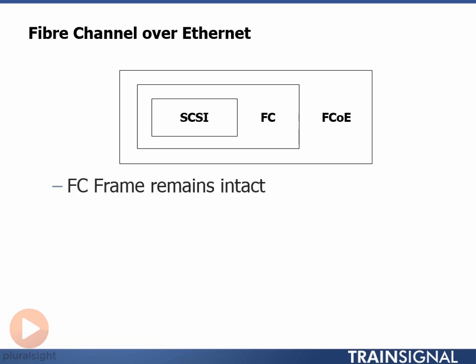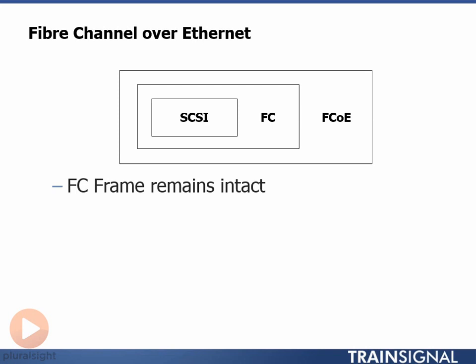Headers and all of the Fibre Channel related metadata, such as source ID, destination ID, worldwide port names and the likes, are all preserved, allowing FCOE networks to work together with existing Fibre Channel networks and Fibre Channel technologies such as zoning, Fibre Channel forwarding, fabric shortest path first, and things like that.